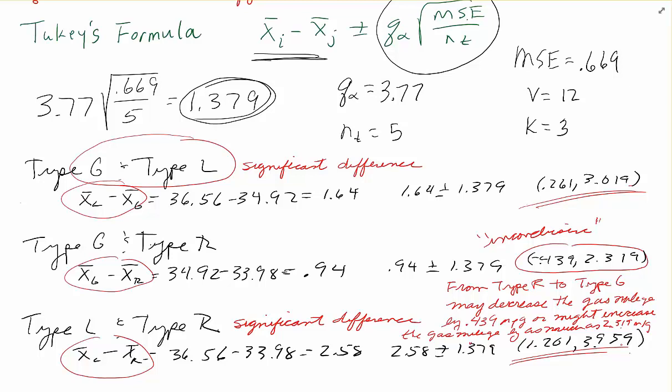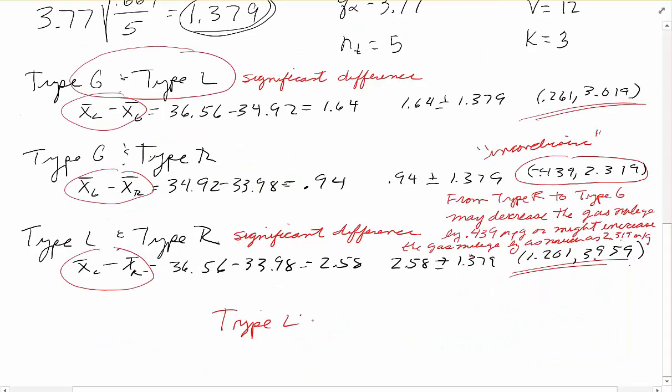Now, overall, since there's a significant difference between G and L and R, we can look at these confidence intervals and conclude that type L gasoline yields the largest gas mileage.